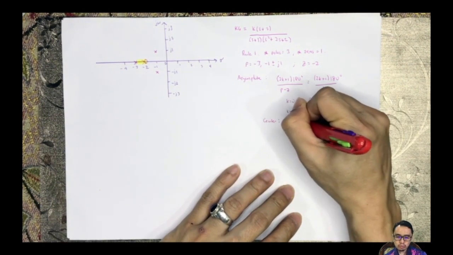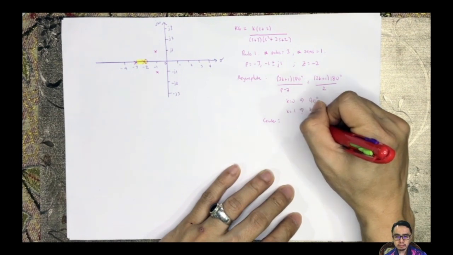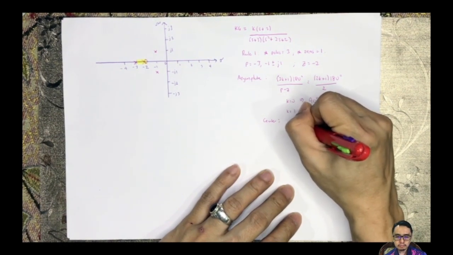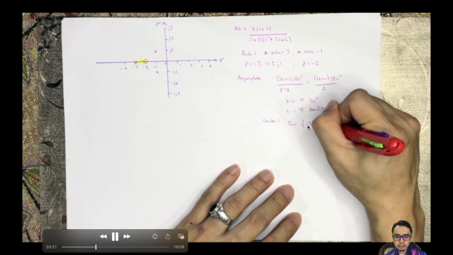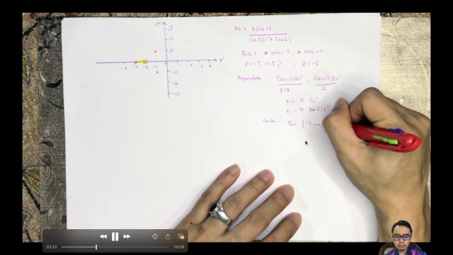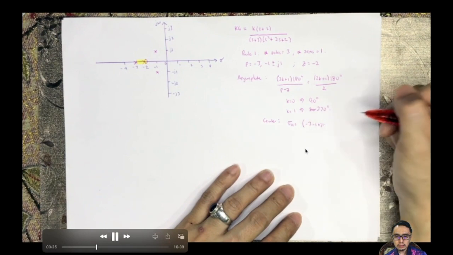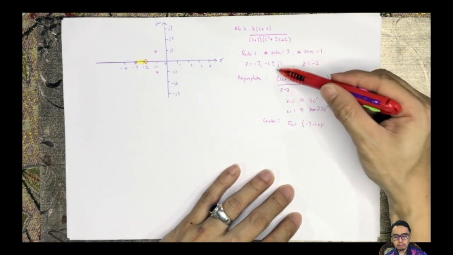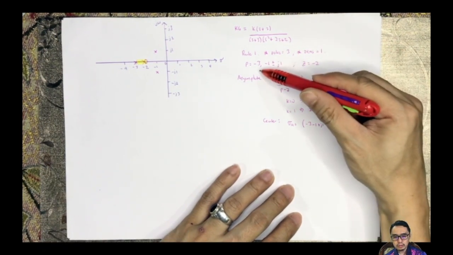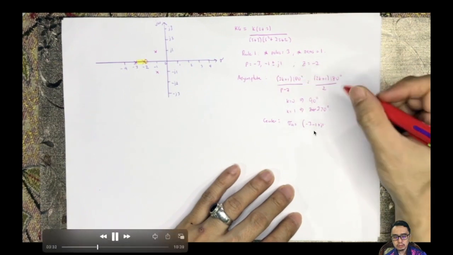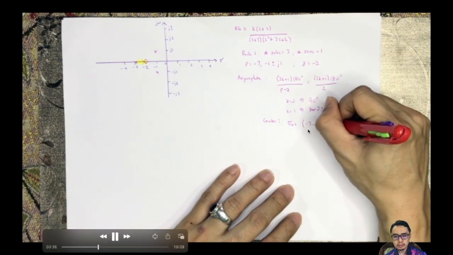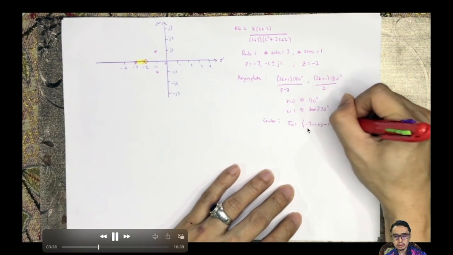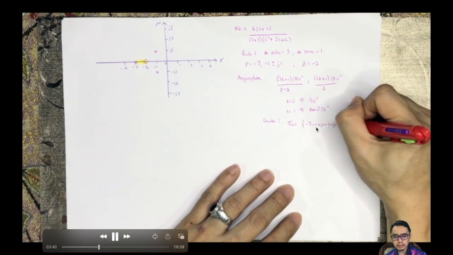So we need to also find the center of the asymptote. Using the other equation, sigma is equal to the sum of poles minus the sum of zeros. This is the pole at minus 3, this is the pole at minus 1 plus j1.